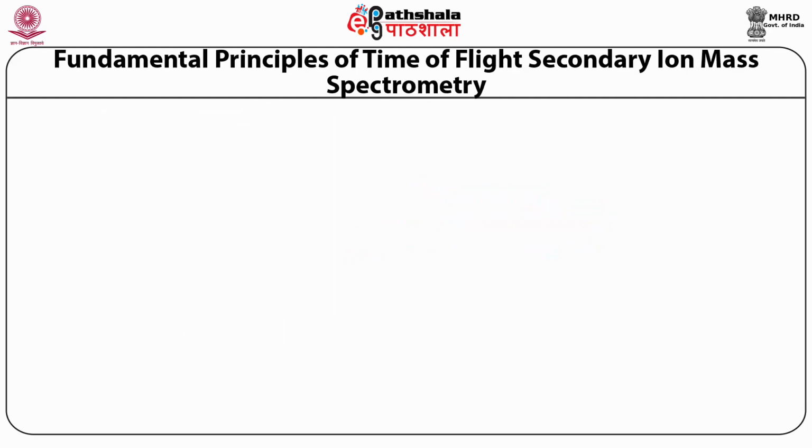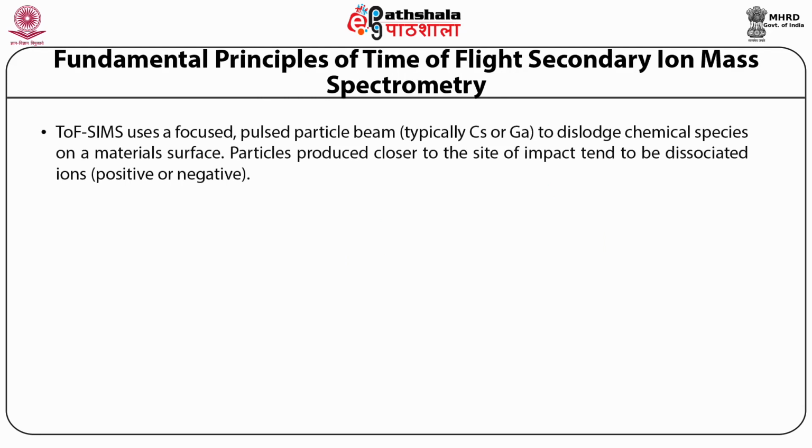Fundamental principles of time of flight secondary ion mass spectrometry. Time of flight, or TOF SIMS, uses a focused pulsed particle beam, typically cesium or gallium, to disclose chemical species on a material surface. Particles produced closer to the site of the impact tend to be dissociated ions, that is, positive or negative.